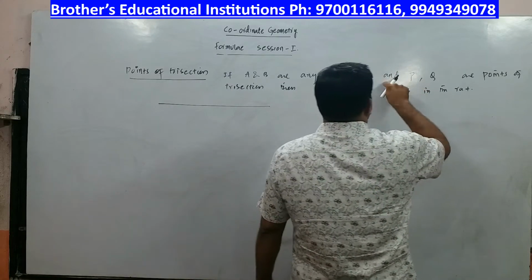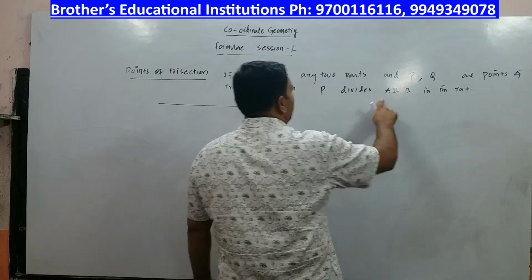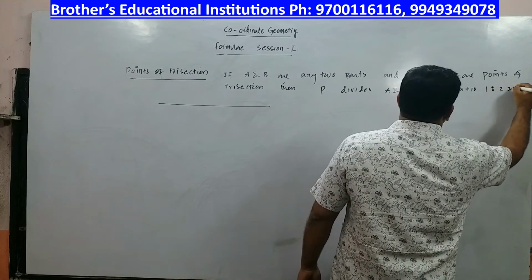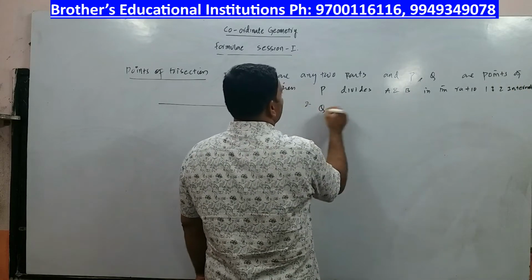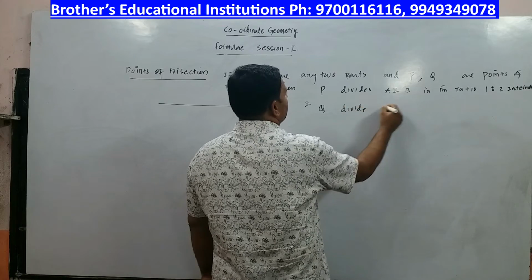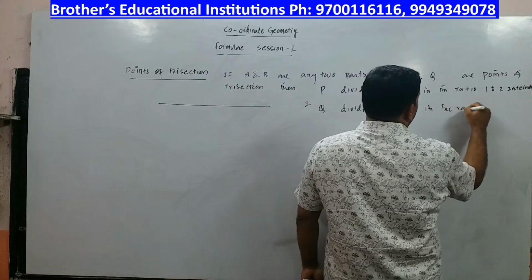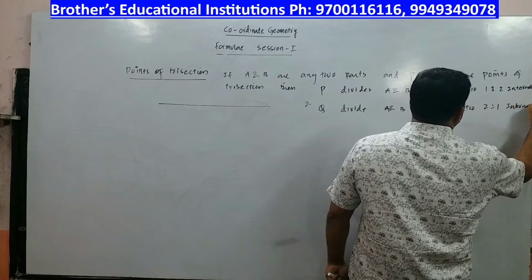So I will say P comma Q are the points of trisection. Then P divides A and B in the ratio 1:2 internally, and Q divides A and B in the ratio 2:1 internally. That's what you have to understand.